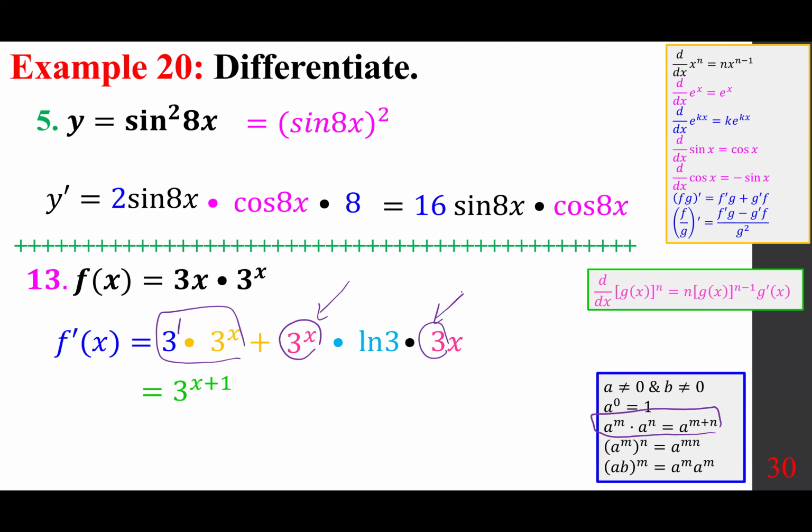So the first one is 3 to the power of x plus 1. The last one is 3 to the power of x plus 1 times ln 3 times x, which means 3 to the power of x plus 1 is in common. And if we take this out, this gives us 1, and this gives us ln 3 times x. You put the x in front because otherwise it's a little bit awkward. You don't want anybody to be under the assumption it is ln of 3x.